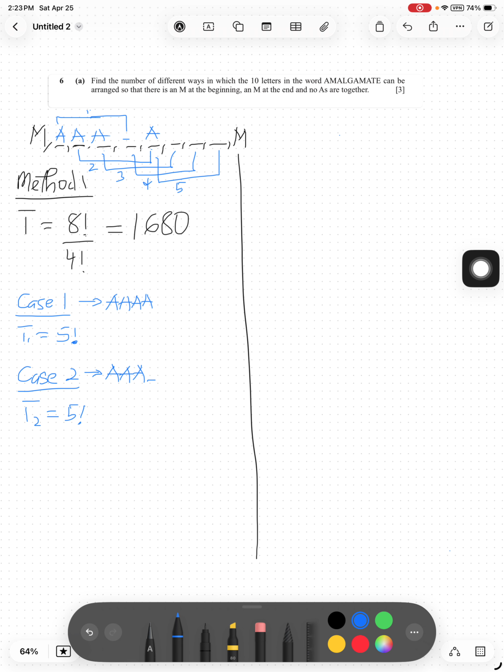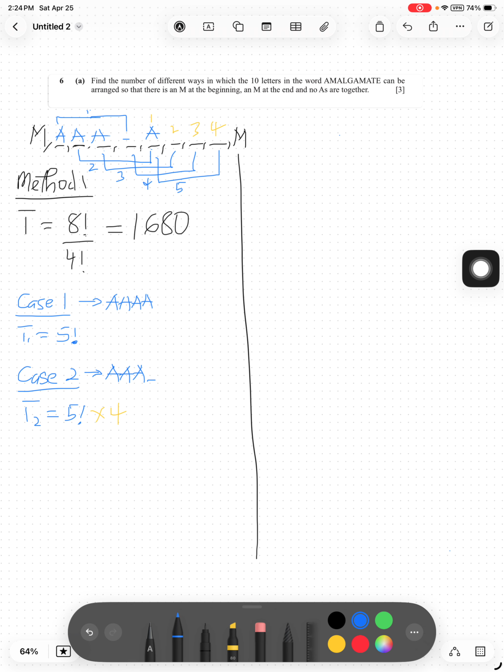So basically it can fit in this one, that is where it finds itself at the moment, 1, or this one, or that, or that one. Okay, so that gives us 4. So 4 ways we can put this A. So we multiply the 5 factorial by 4. Okay, now that is the end of the second case.